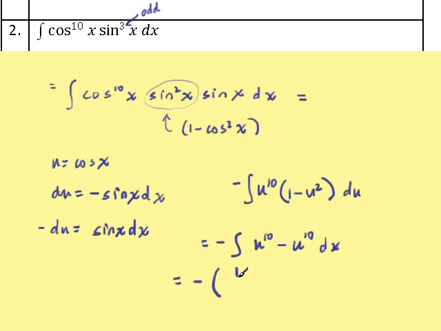So that's power rule: u to the 11 over 11. Sorry, this is a 12 over here. Minus u to the 13 over 13 plus c. And then just substitute back for u, cosine x.